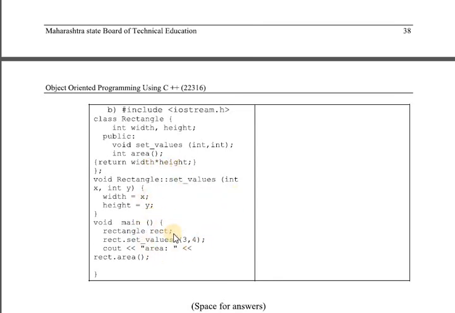After that, in the void main, we are passing the values 3 and 4 for the width and height respectively. So here it will calculate 3 into 4, that is 12. Now the output of this program is area colon 12. Area equal to 12.